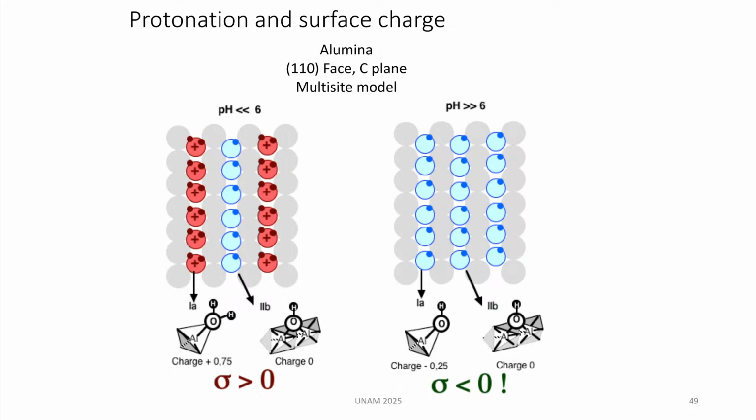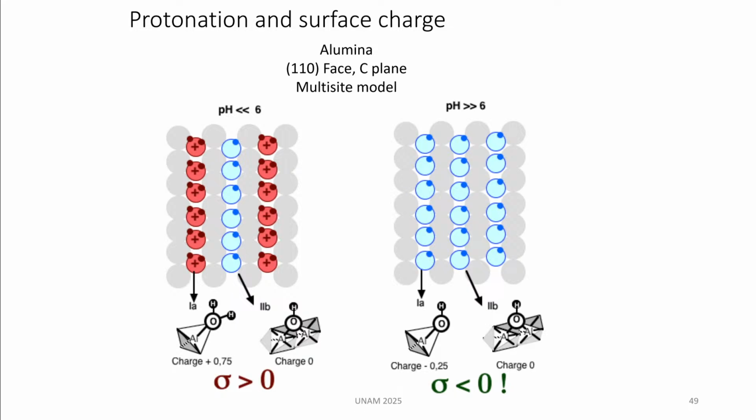Here, for example, we have the 1A type surface groups that have a high value of pKa1, so they will be positively charged at neutral pH.